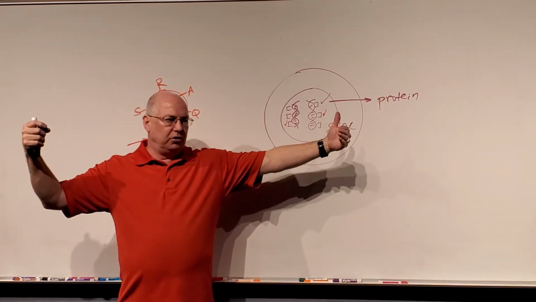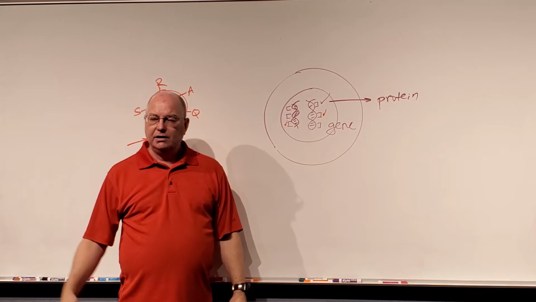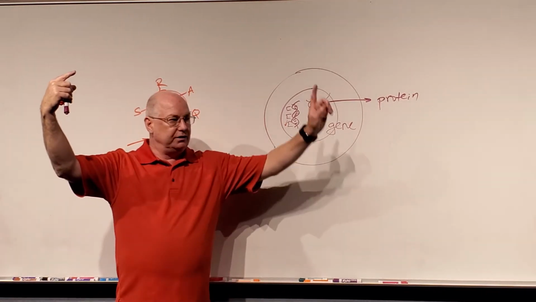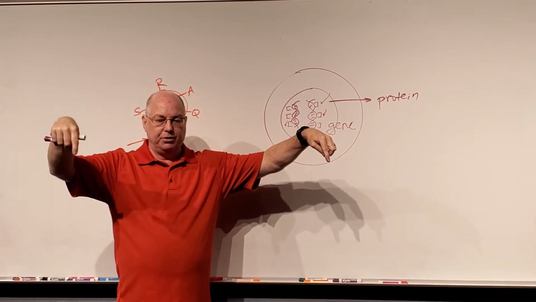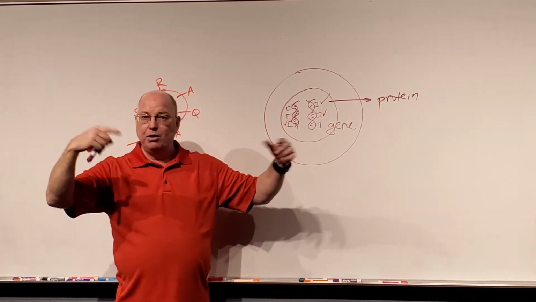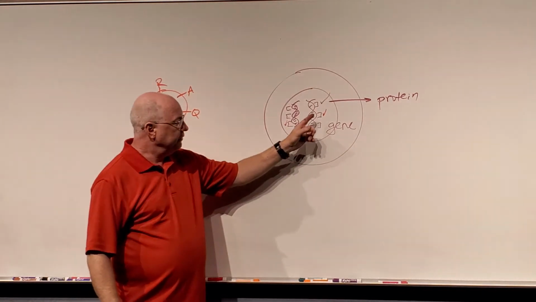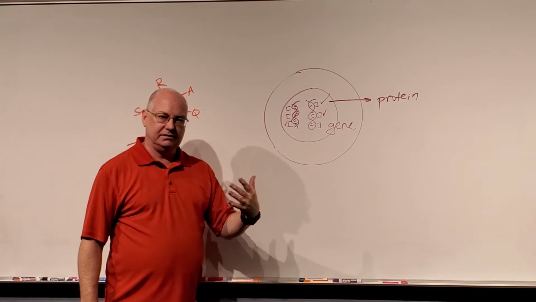You've been in a house where there's a hallway that has a light switch at either end. If one light switch is up and the other one's up, the lights are on. If I flip one down, the lights are off. If they're both down, the lights go on. So they're linked. They both affect the lights. If I turn this gene on, I get that gene. They call those linked genes.